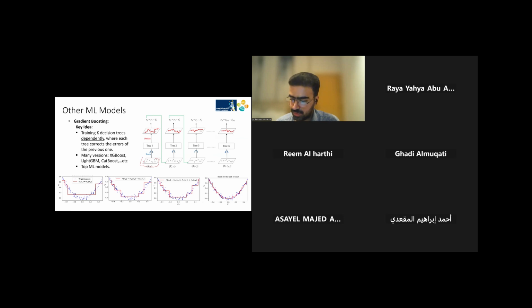So the first decision tree is trained on the actual data set. The second decision tree is trained on the predictions of the first model. And similarly, the third one is trained on the predictions of the second model.